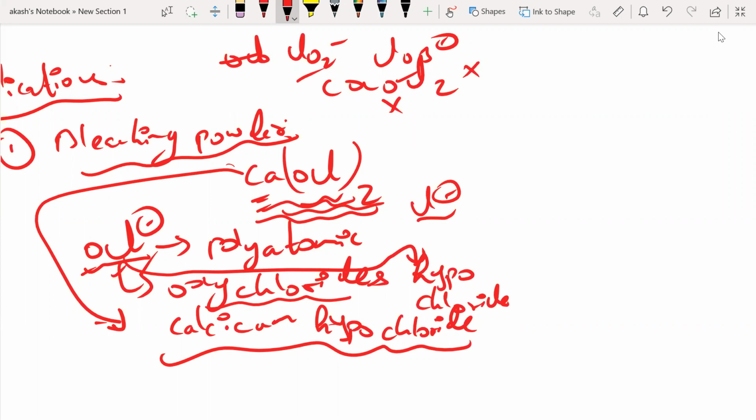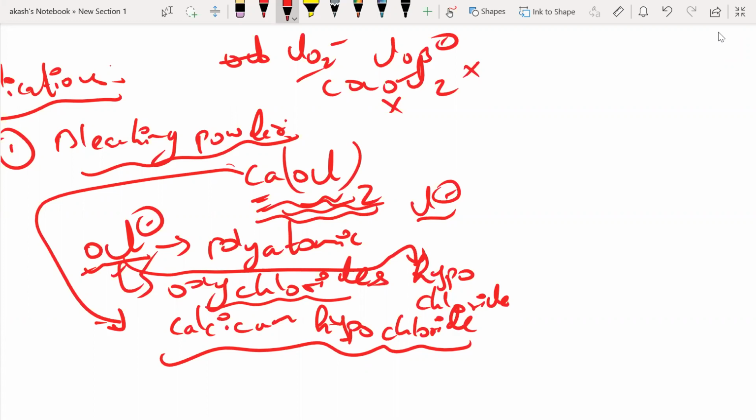Everybody can do it so that everybody will remember. Go through the book and tell me what reaction will get you to CaOCl twice, that is calcium hypochlorite. It's a reading assignment I'm giving you. I'll give you 2 minutes. Quickly open the textbooks, go to the chapter Acids, Bases and Salts, and go to bleaching powder.